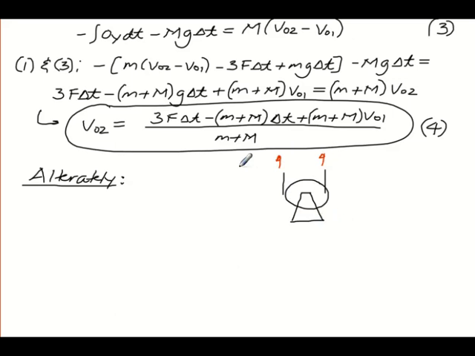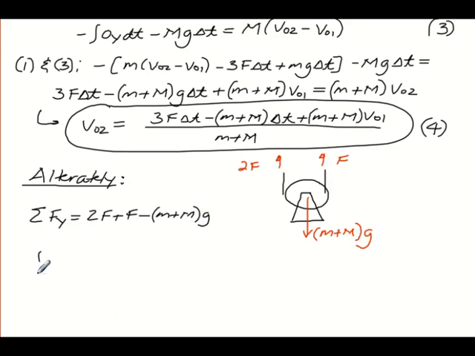I think we'll see it's going to give us the same thing. 2F, F, M plus mg. So from that we could sum forces in y, and straight away we get 2F plus F minus M plus mg, like that.